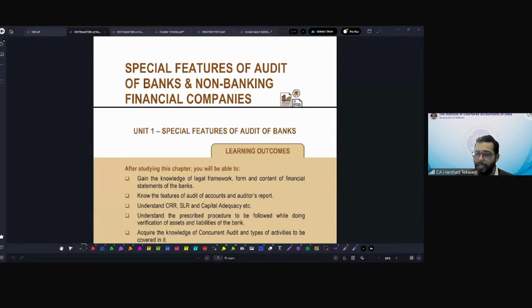Yes, the Banking Regulation Act and RBI Act are the prime ones under which the bank might be working, but there are other laws and regulations also that are applicable.